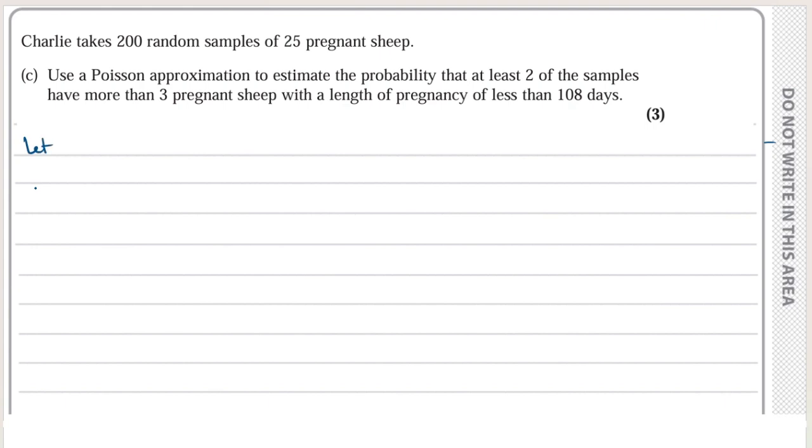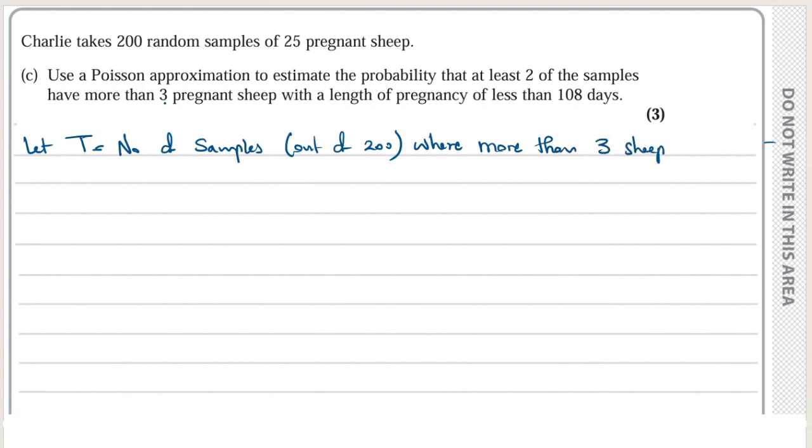Let T be the number of samples out of 200 where more than 3 sheep out of 25 have pregnancy of less than 108 days.